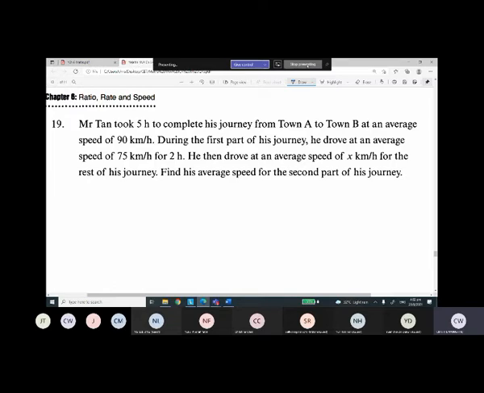During the first part he took 75 kilometers per hour for 2 hours, then for the remainder of the distance he took an average speed, he didn't tell you how much, X kilometers an hour, for the rest of the journey. You're supposed to find the average speed for the second part.